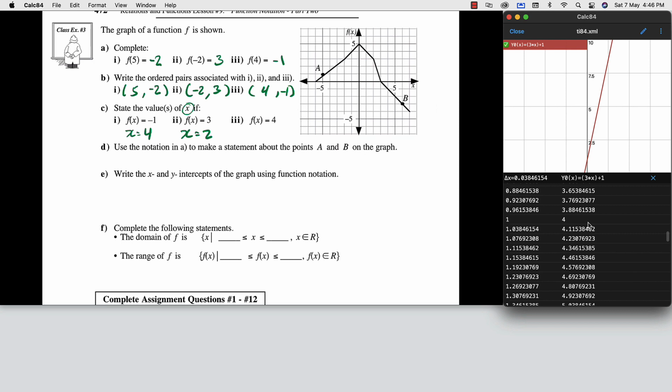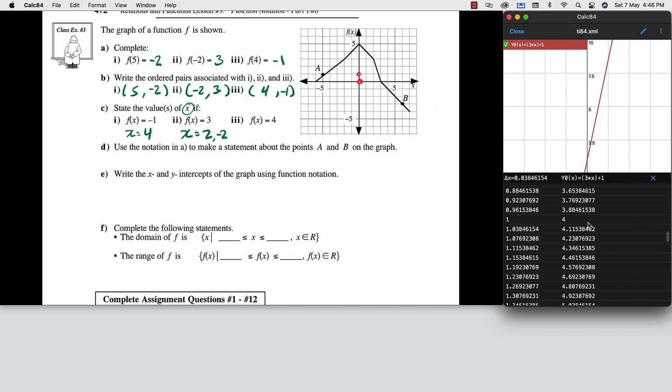Wasn't looking close enough, so going from the origin, I'm going up 3. 1, 2, 3. Notice that I can go to the right and to the left. So we hit 2 and we also hit the negative 2. So x in this case is 2 and negative 2.